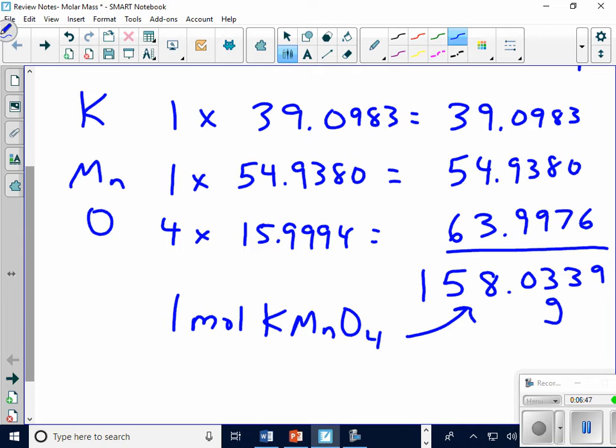What would happen if I would put K2MnO4? If I would have written the wrong formula for that, how would it have affected my molar mass? Fletcher?